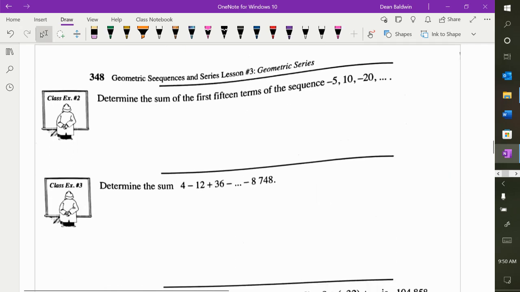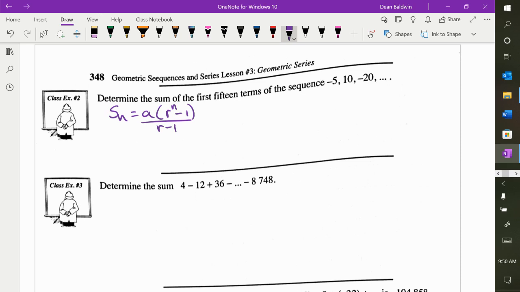That's the first thing, so you know what you're looking for. Sn is equal to A times r to the n minus 1, over r minus 1. S obviously means sum, and the n means the sum of how many terms. This is 15, so S15 is what we're looking for.